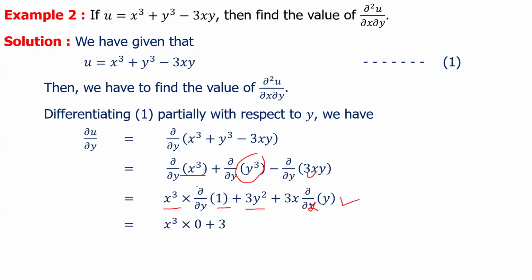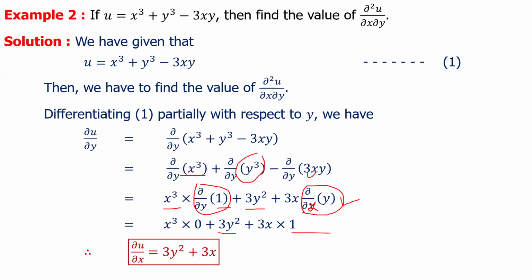The partial derivative of 1 with respect to y is 0, this is 3y square, and the partial derivative of y with respect to y is 1. So we have partial derivative of u with respect to y is equal to 3y square plus 3x. Now this is the first order partial derivative of u with respect to y.